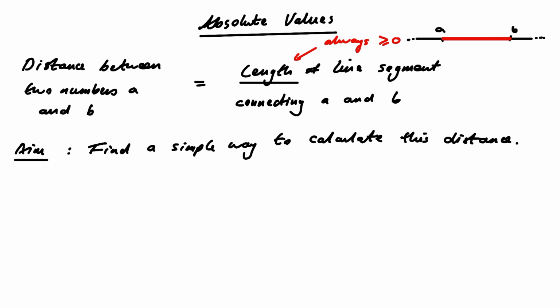So it's natural to have a baseline for all of this as the distance from a point on a number line to 0. So that's what the absolute value is. The absolute value of a number x is by definition equal to the distance from 0 to x.